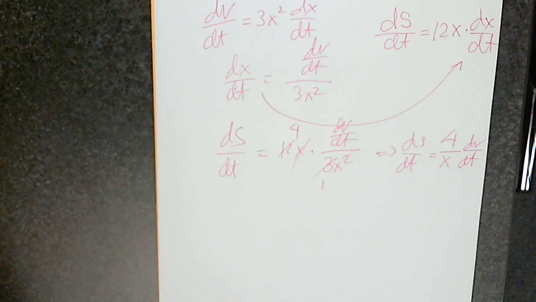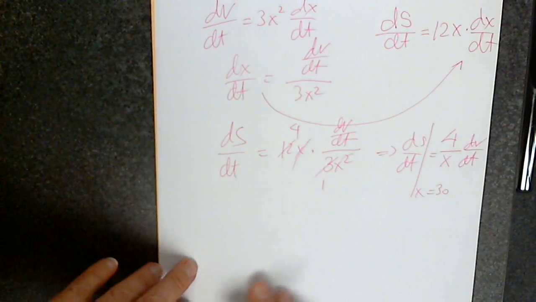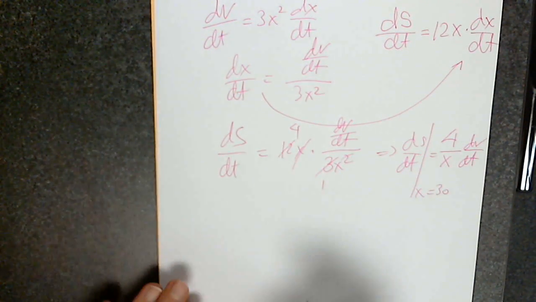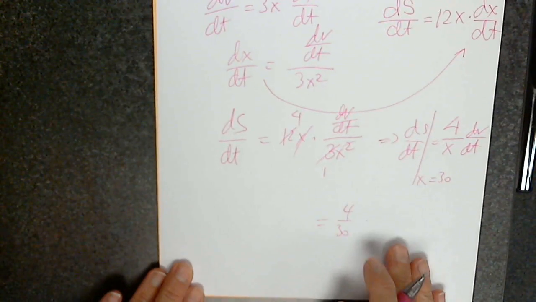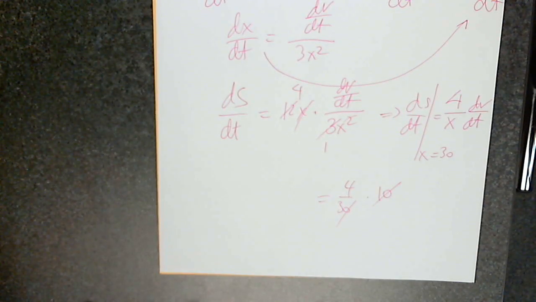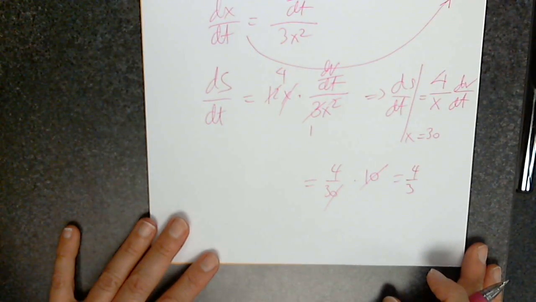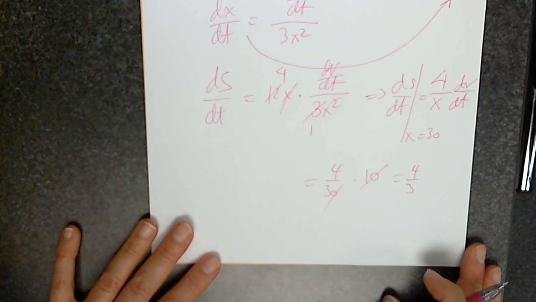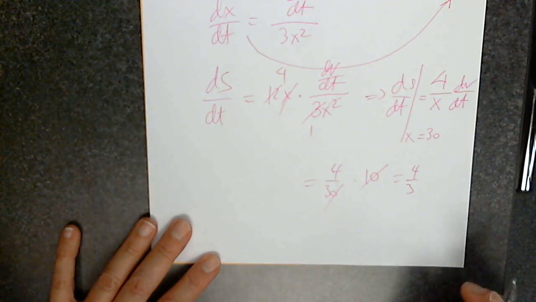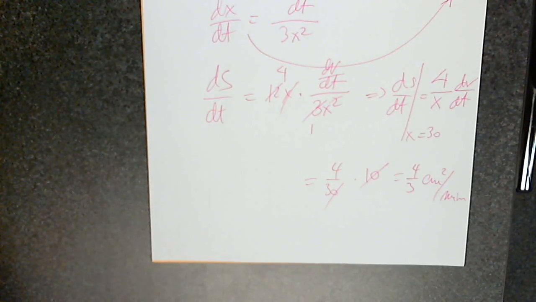When I'm done simplifying. Okay. And now I know that x is 30, which makes 4 over 30 multiplied by 10. The answer is in centimeters squared per second. Very good.